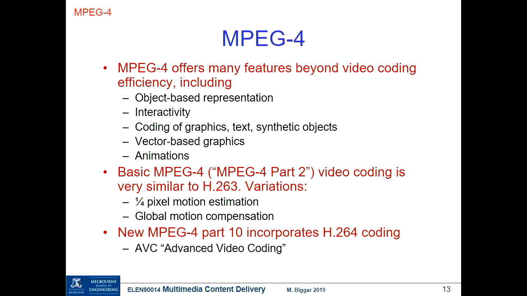They allowed for even finer sub-pixel motion estimation, quarter pixel. They allowed for global motion compensation. So if the camera panned, for instance, it's useful to have one parameter to describe how to move all macro blocks in the reference frame to predict the current ones. But the performance was about the same as H.263.